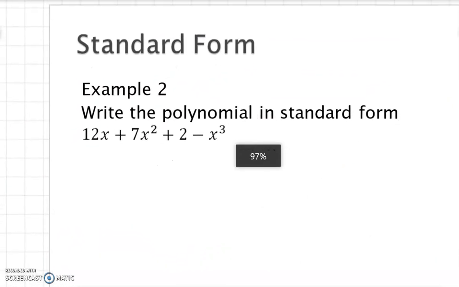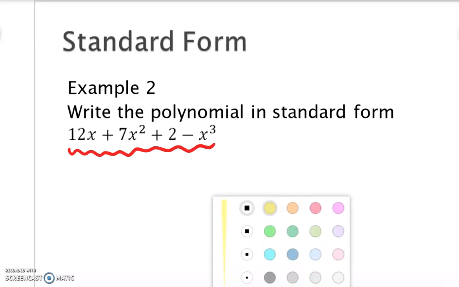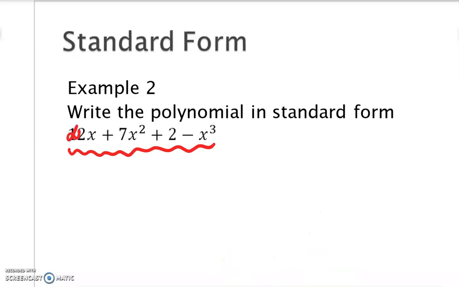Let's keep on going. Let's talk about standard form, which we've already kind of talked about, but let's review it again. Make sure this gets into your notes. This is the original polynomial. Let's write it in standard form. First, you should notice that there are 4 terms in this expression. 1, 2, 3, 4. Which one has the highest degree? Hopefully you are thinking negative x to the 3rd power.